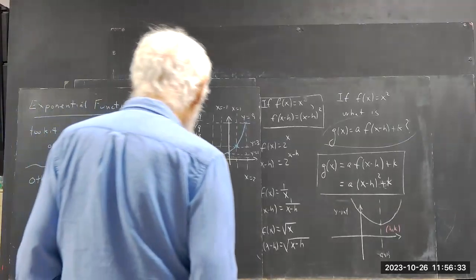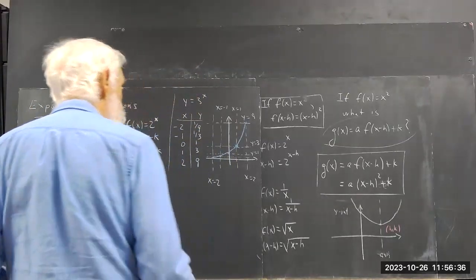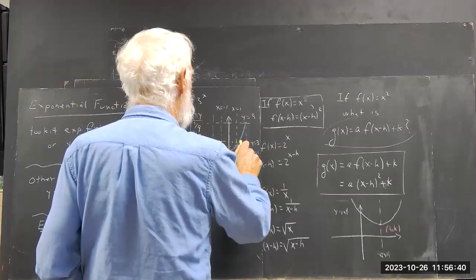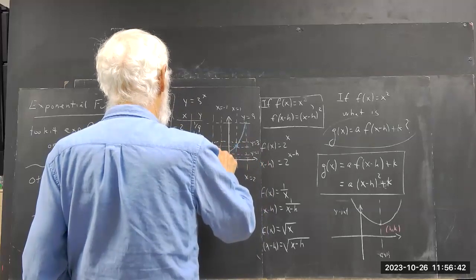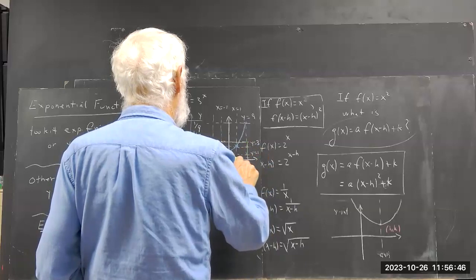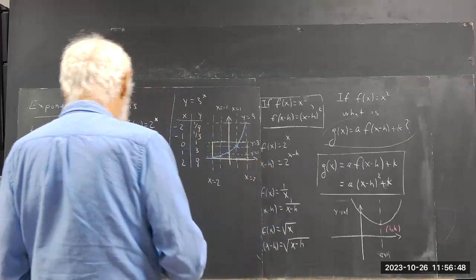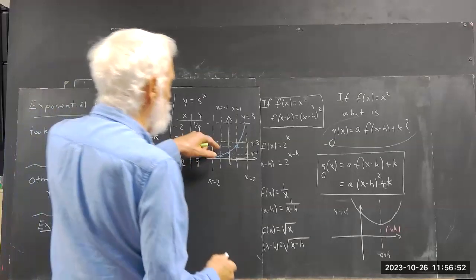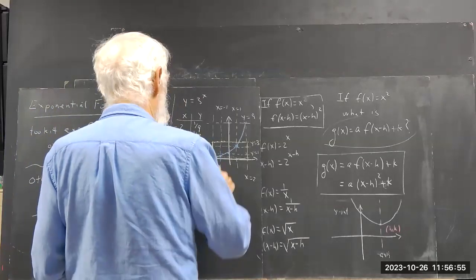And of course, the 2 to the x function would be constructed in a green box here with a red dot at the origin. And you'd have different lines down here.